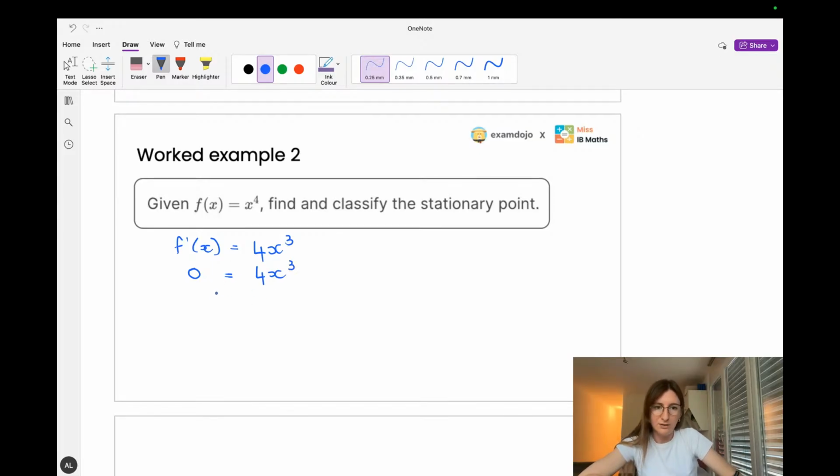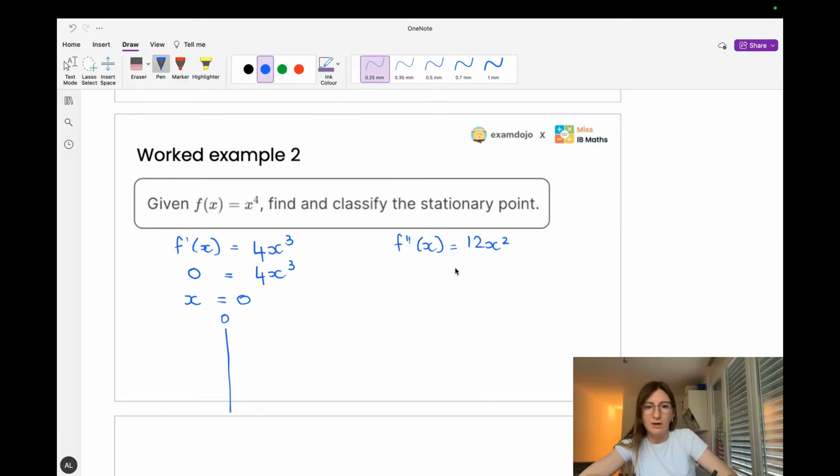And the only value that works here is 0. If I put 0 in there, I get x equals 0. Okay, so that's my critical point. So something is happening. So I could do the sign table at 0, or I could go straight to my second derivative, which is 12x squared.